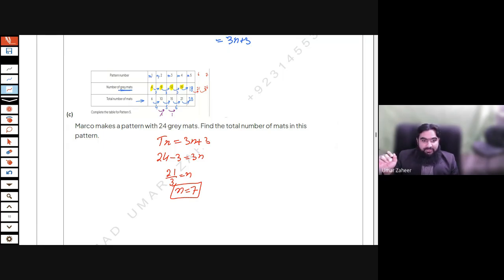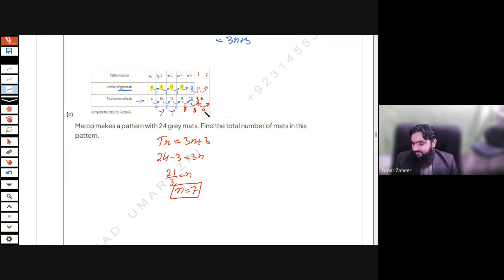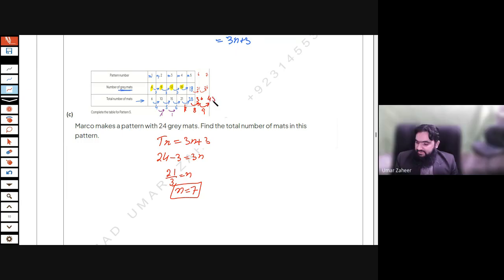The second is to find the nth term of the quadratic sequence, which obviously takes a lot of time, and then substitute n equal to 7. Or simply, you know the last difference is 7, then plus 8, it will be 28 plus 8, 36, and 36 plus 9, that will be 45.